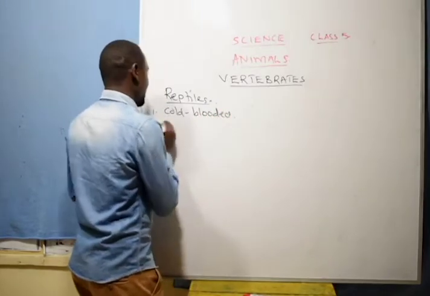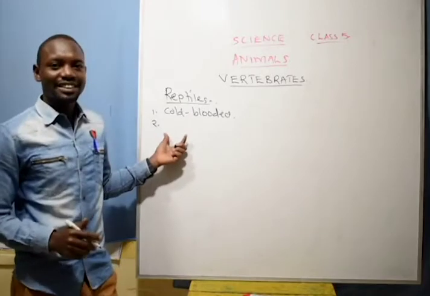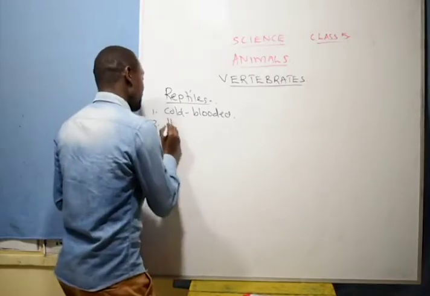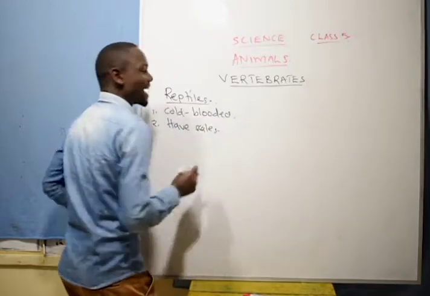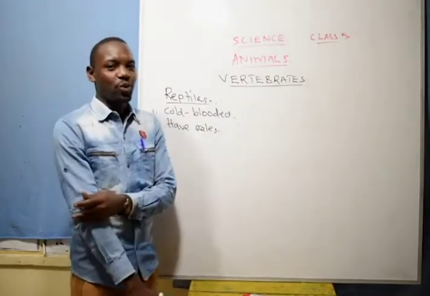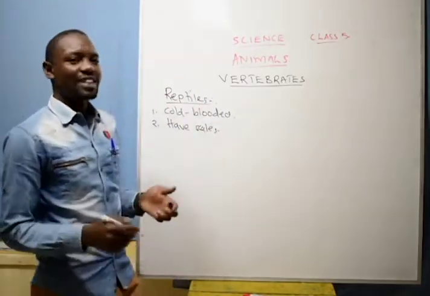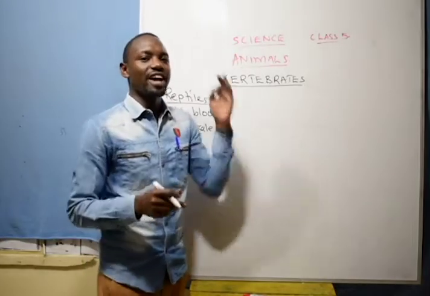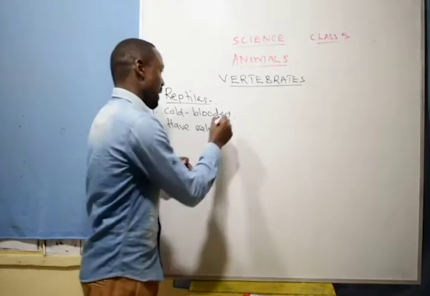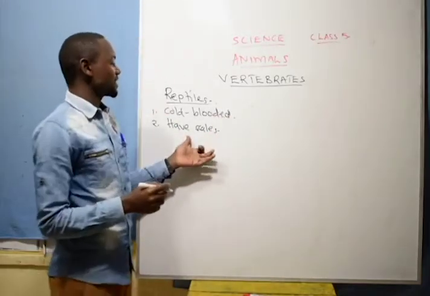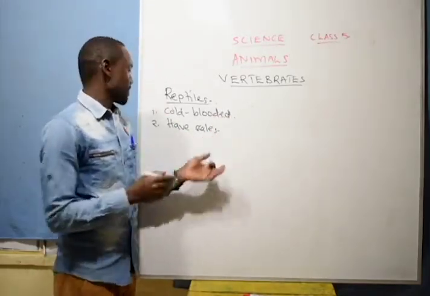Another characteristic of reptiles is that they have scales on their bodies. Their bodies are covered with scales everywhere. We say mammals, their bodies are covered with fur or hair, while birds, their bodies are covered with feathers. But reptiles, their bodies have scales.